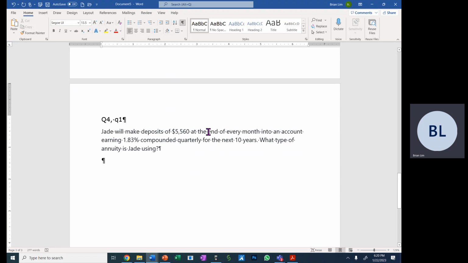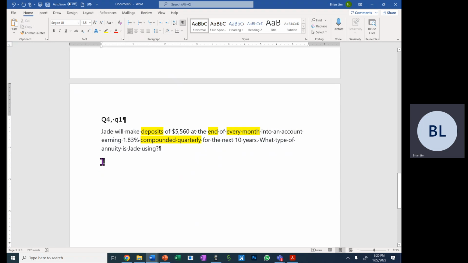So we have end, that is important. That is a word that we should take note of. And every month, so deposits at the end of every month, okay? So there's the word deposits, end of every month, and the compounding is quarterly. So what do we have out of all of this?